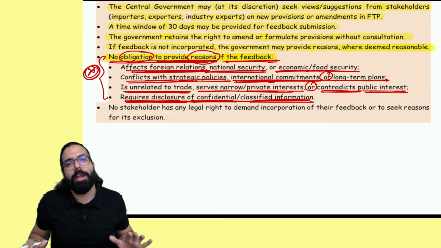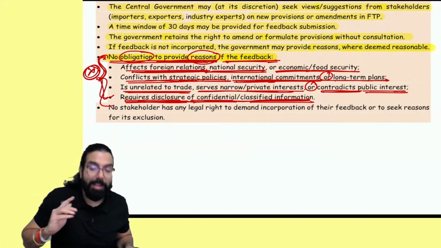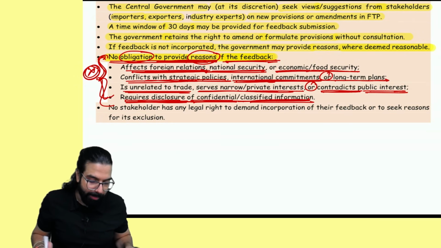Why that feedback was not taken care of in the policy, government will not give the reason if this is because of these four. Please remember this, very, very important, can be asked in the exam.